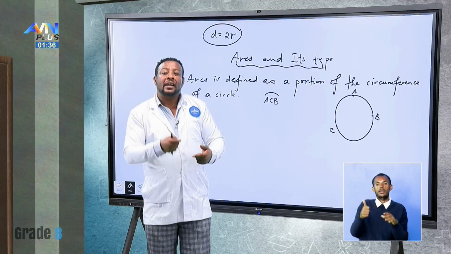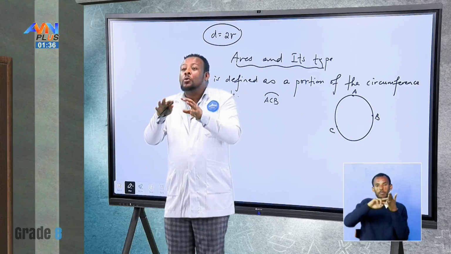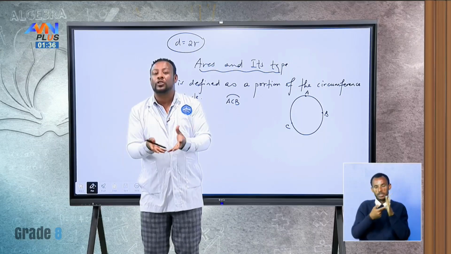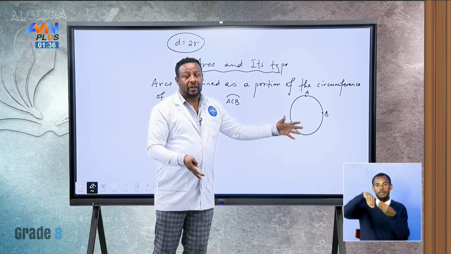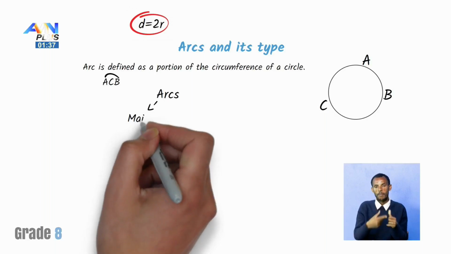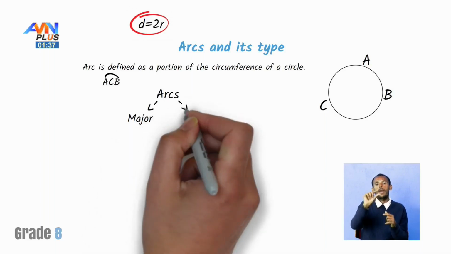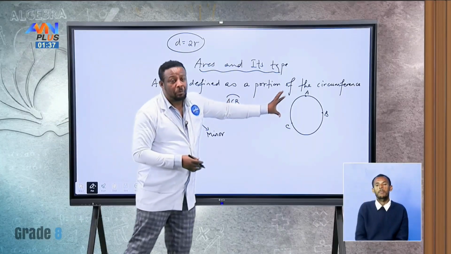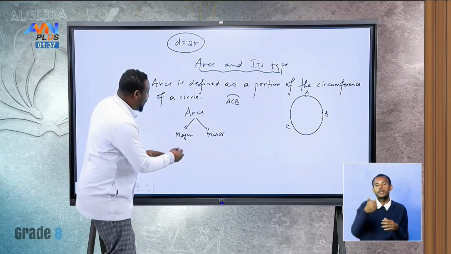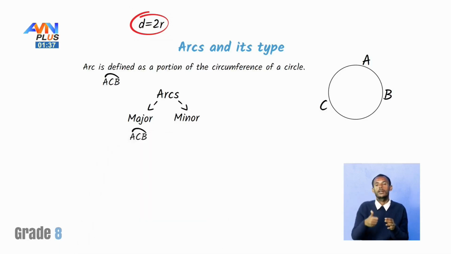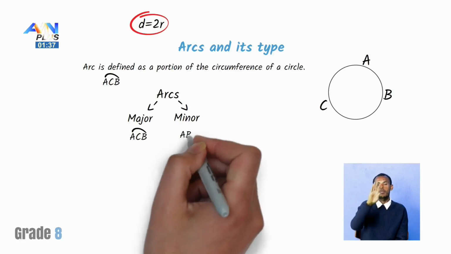Minor arc refers to a small arc, and major arc refers to the bigger portion of the circumference, or the bigger arc. So in this specific picture, ACB is an example of a major arc, and AB is an example of a minor arc.